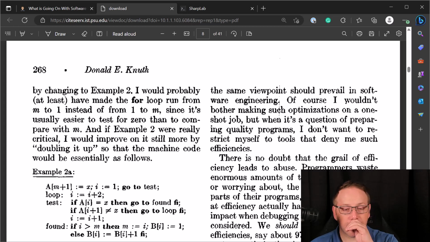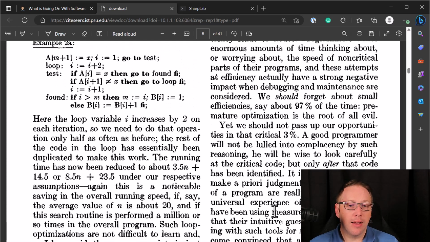And so, for me, this really highlights how critical it is to have benchmarks and profiling guiding you when you're doing any kind of performance work. The quote: we should forget about small efficiencies, say about 97% of the time; premature optimization is the root of all evil, yet we should not pass up our opportunities in the critical 3%.